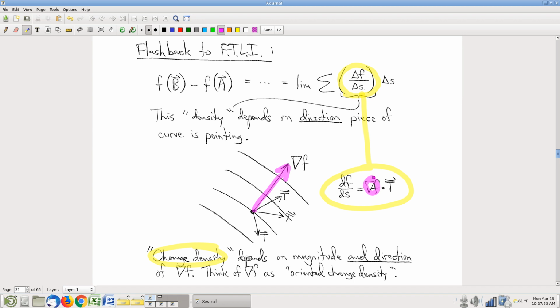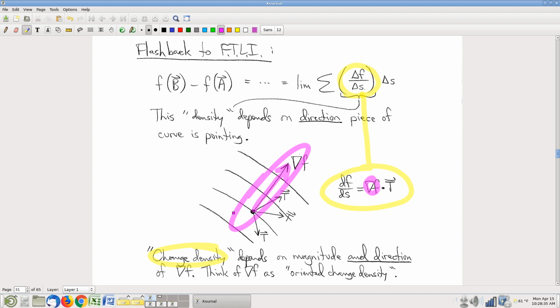And sure, you can talk about how steep the mountain is. But unavoidably, mountains are steep in a direction. It's steep as you're going that way. If you're going in that direction, then what you experience as change per unit distance is how steep the mountain is. But if you're going this way, you have a very different experience. So the gradient just doesn't tell you the whole story by itself. It can't. Change is unavoidably in a certain direction.